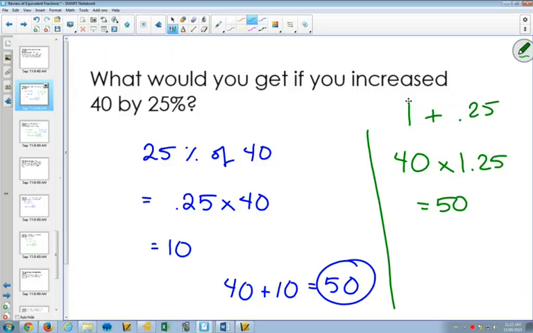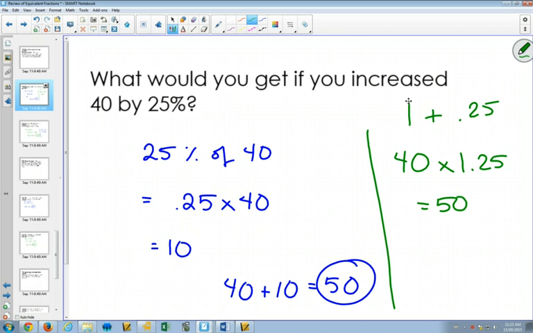And then that gave us a shortcut for figuring out percent increase. So if you wanted to increase by 25%, you could take your 40 and multiply by 1.25, and that would give you the final price right away, instead of first figuring out that 25% of 40 was 10 and then adding it to get 50.